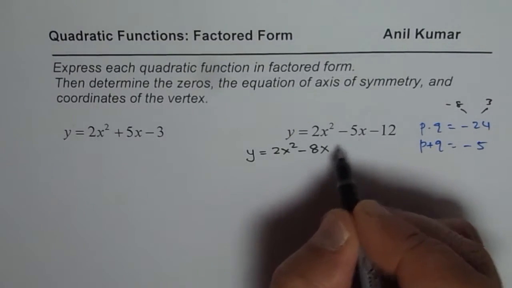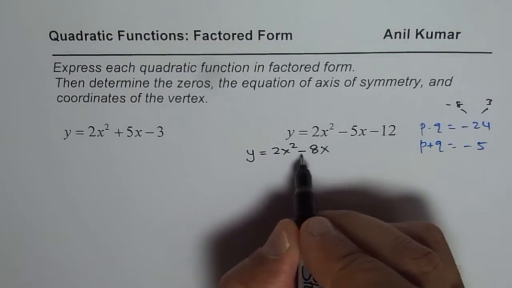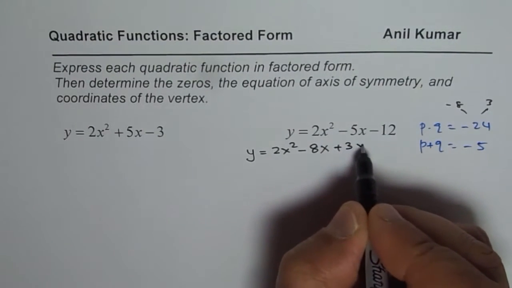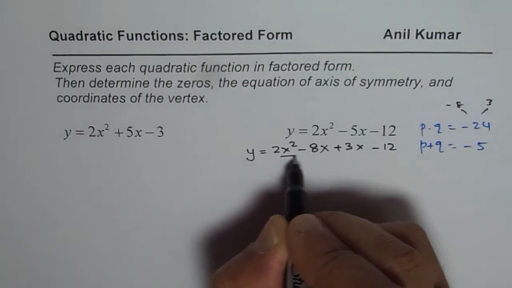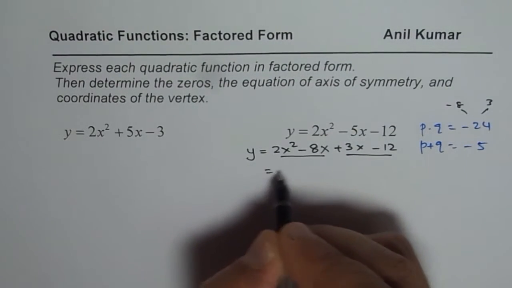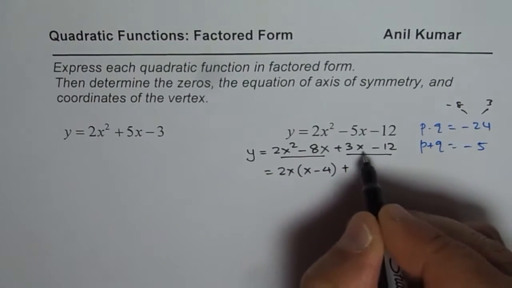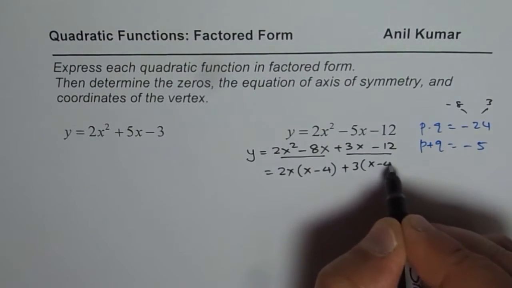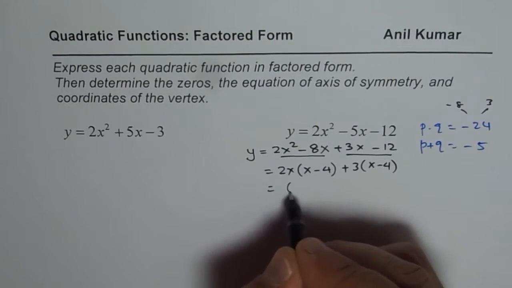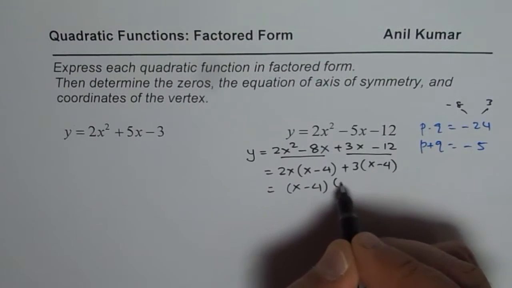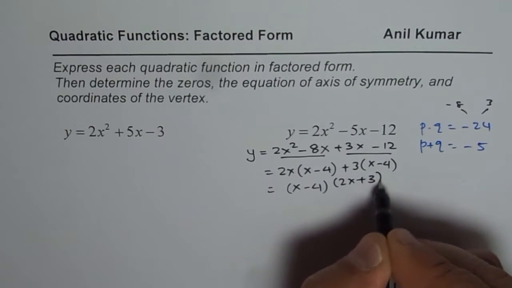So we write minus 5x as a combination of minus 8x and plus 3x. Now we can combine these two. 2x is common here, so we write 2x times x minus 4, plus 3 is common there, times x minus 4. And now we factor out x minus 4 to get 2x plus 3 as the second factor.